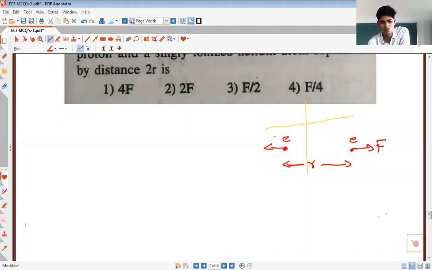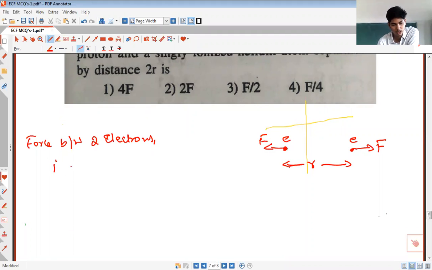F. There must be mutual repulsion. Electron and electron are like charges, so they repel. It is said that the force between the two electrons is F. However, I can write the force between two electrons.